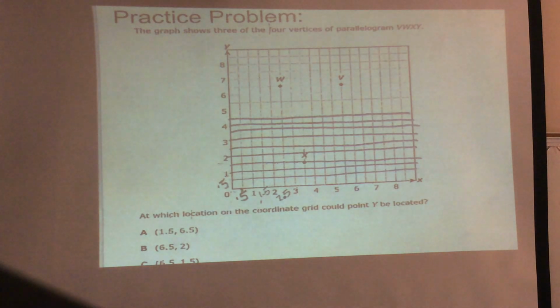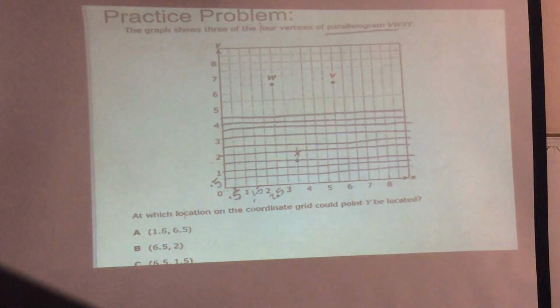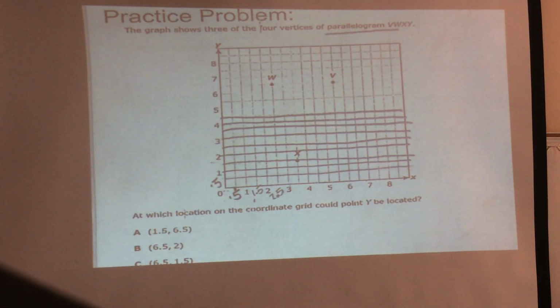The graph shows 3 of the 4 vertices of a parallelogram VWXY. At which location on the coordinate grid could point Y be located? I first need to make a note of what a parallelogram is.